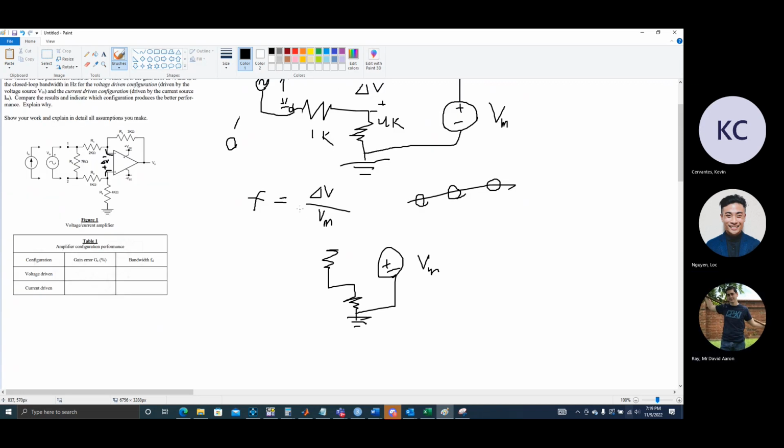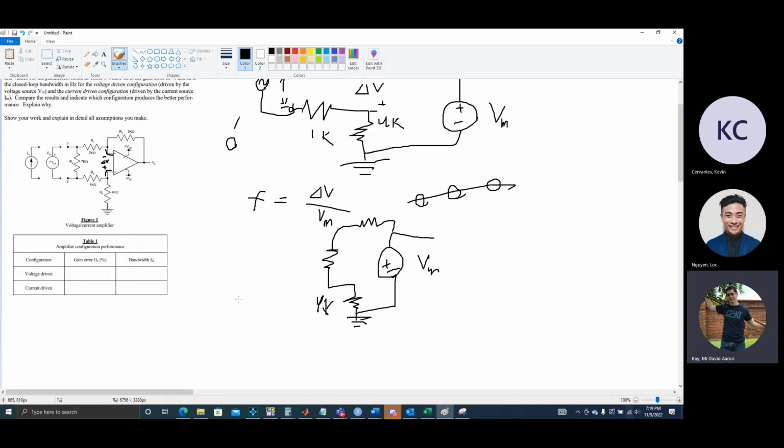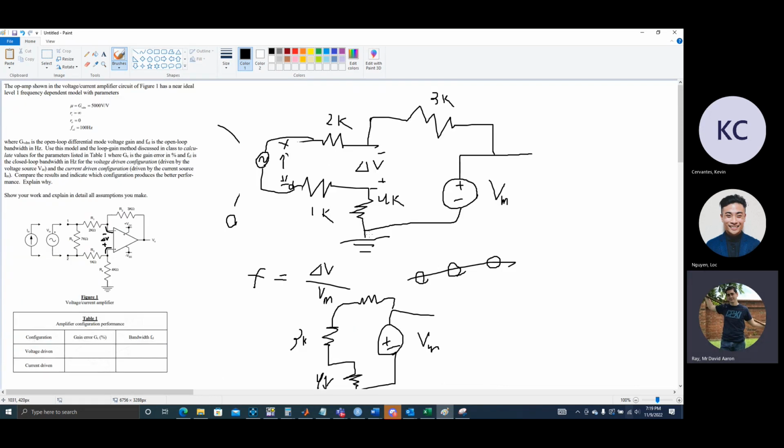So change in V divided by VM, and then this right here is also VM. And then this leads to your output right here. And then you got a resistor right here. So now effectively you have three resistors where this is your 4K. This is now 1 plus 2, which is our 3K. And then we got our 3K.